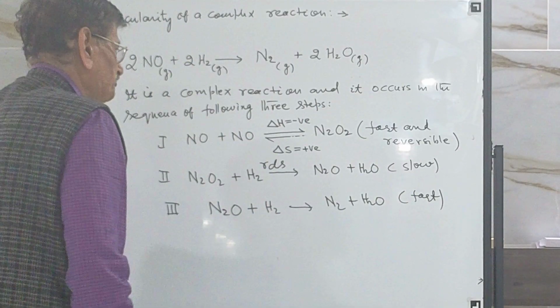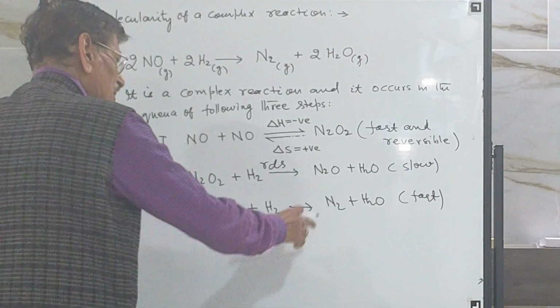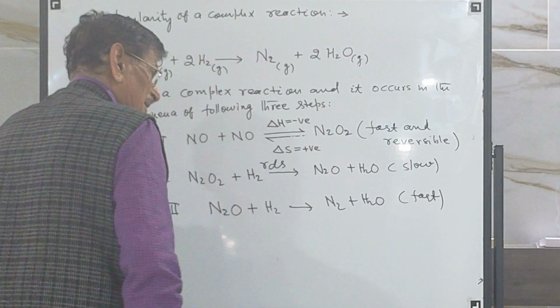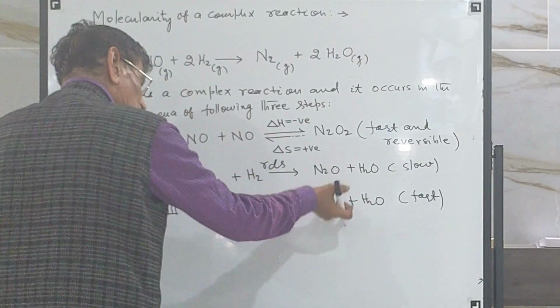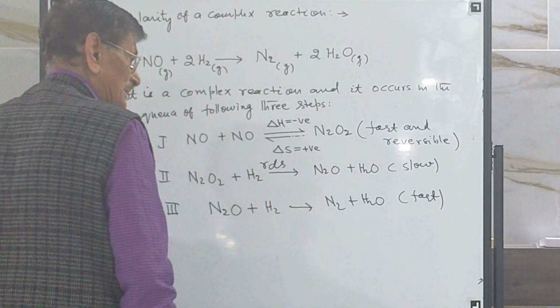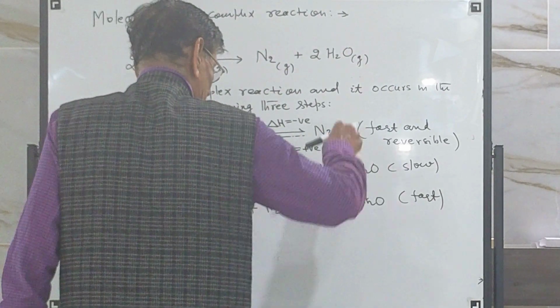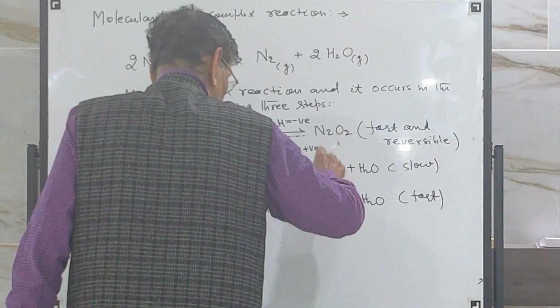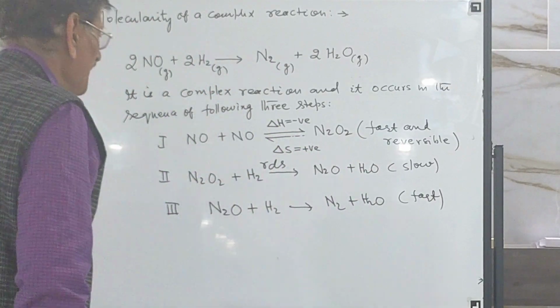So the formation of nitrogen will be delayed. The rate of formation of nitrogen will be equal to the rate of formation of N2O. So this is called the rate determining step.